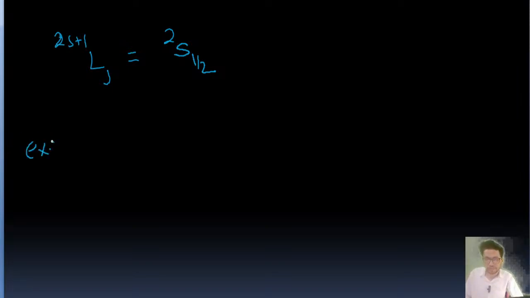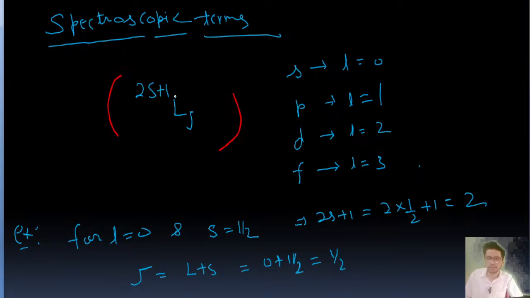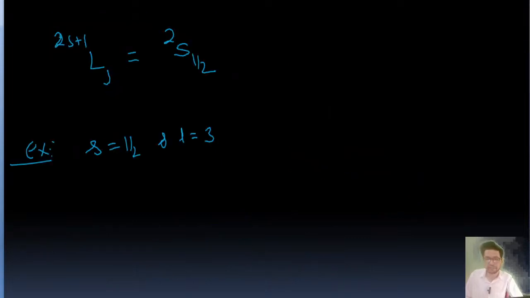So example number 2, that is if we have S equal to half and L equal to 3. L equal to 3 means D orbital, right? My apologies, F. So the value of J is going to be L plus S to mod of L minus S, right?